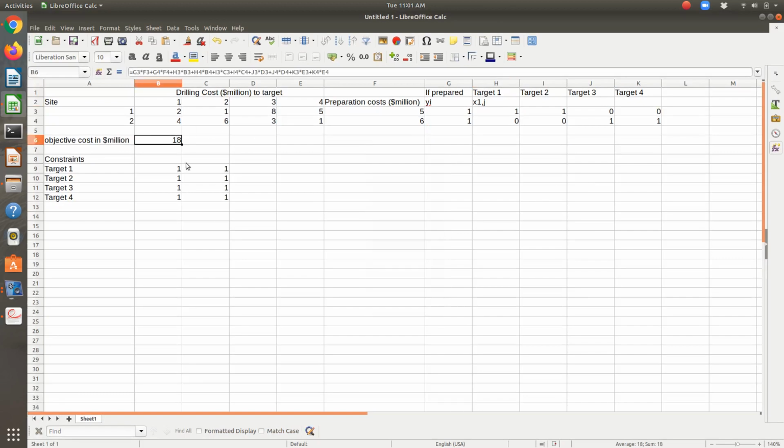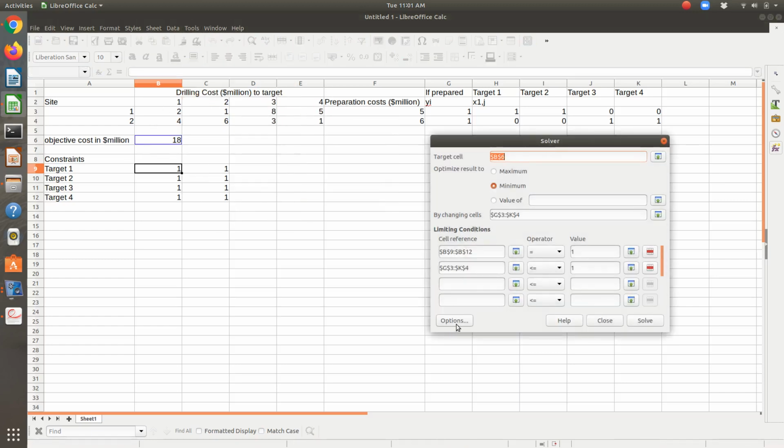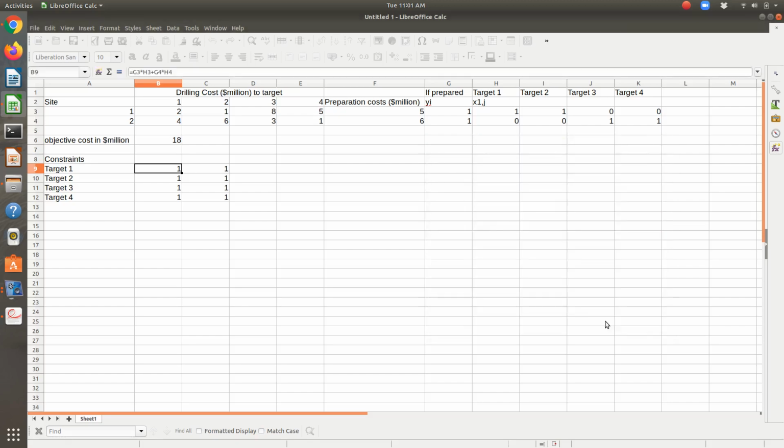What was going wrong is my constraints are equal to a product of two variables. Okay, so it's a product of two variables. So now when I went to Solver, I had to use the nonlinear solver as compared to the linear solver. Okay, and so all it was is I had to change to the nonlinear solver.